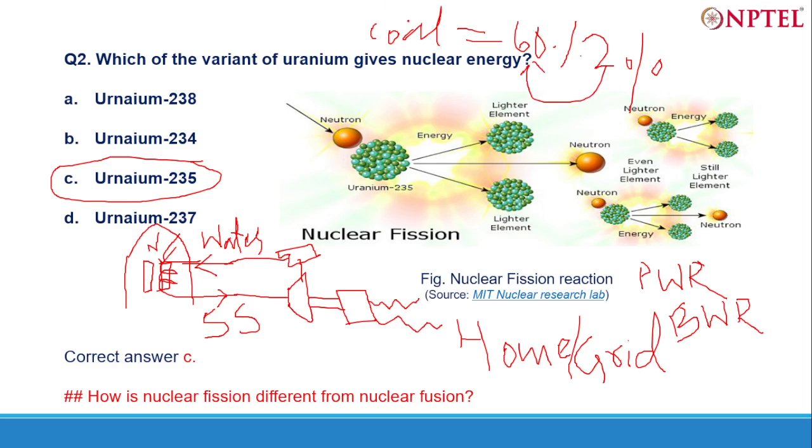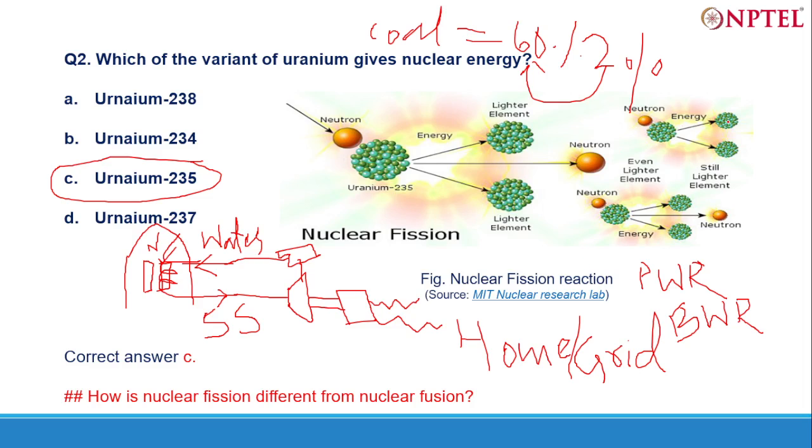And coal is really bad for pollution. It's totally unclean, heavily polluting. And in case of nuclear energy, we can see there are no emissions.